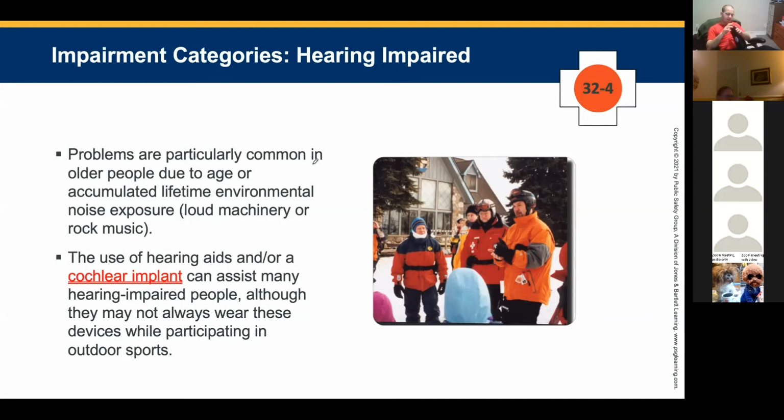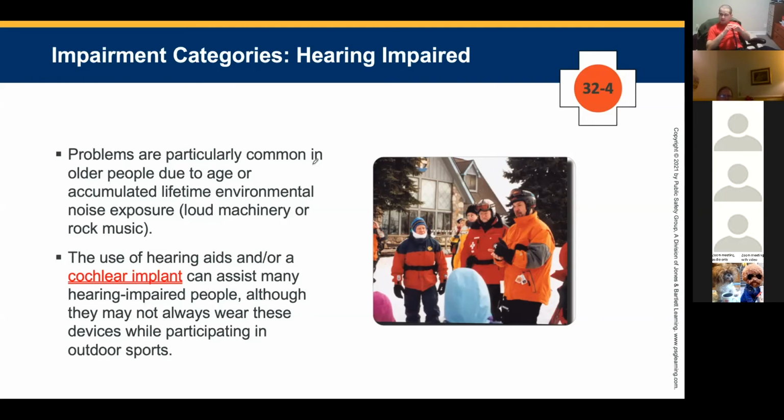And then specifically talking about the ski resort, we do not have power from NV Energy at our ski resort. We generate all of our own power through big diesel generators right below our ski patrol shack. So if our lift maintenance people are not wearing the proper hearing protection around those generators, that can lead to accumulated lifetime environmental noise exposure and hearing loss by repetitive exposure to that generator.